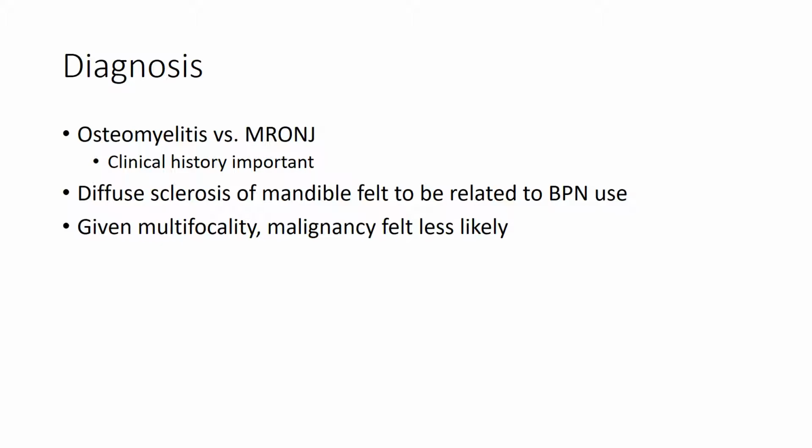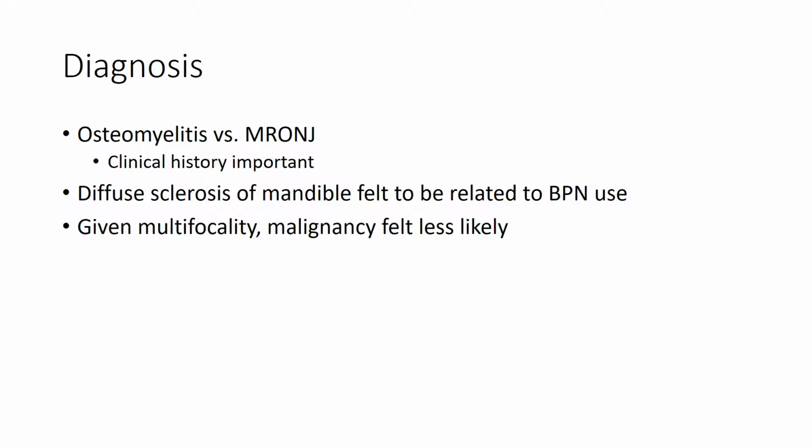Even if the patient did not meet criteria for medication-related osteonecrosis, I think this case would be osteomyelitis, but the fact that there's diffuse sclerosis of the mandible bilaterally, I don't think all of that can be explained by osteomyelitis. So I think the diffuse sclerosis is probably related to the bisphosphonate use.